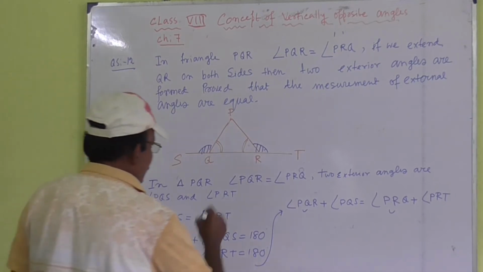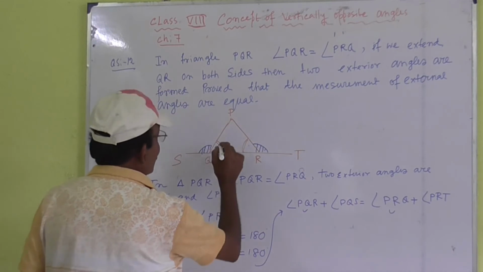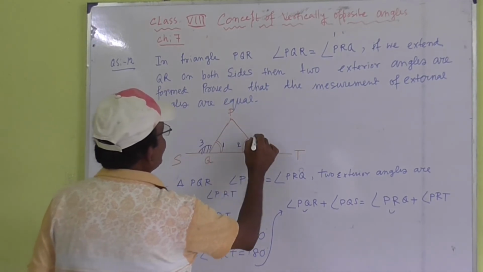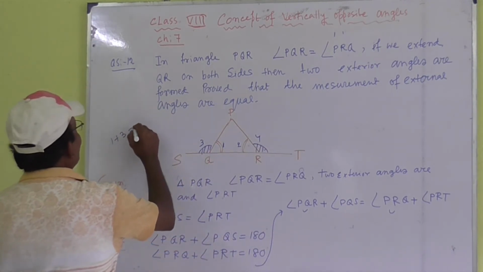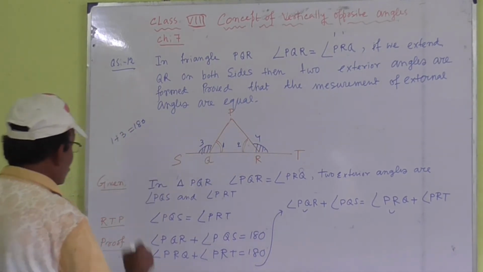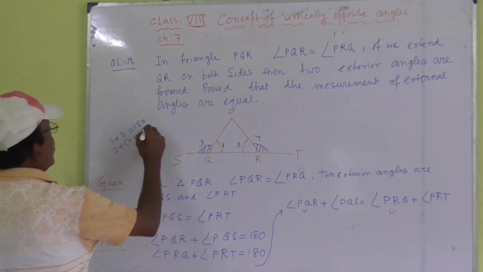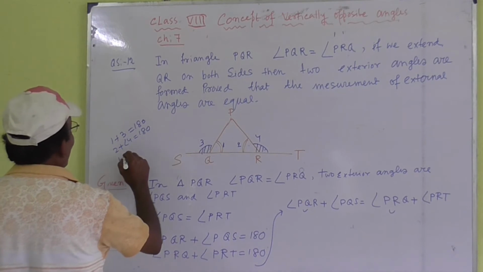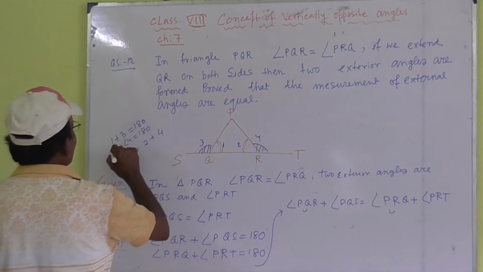That means if we write this angle 1, this angle 2, this angle 3, this angle 4, then 1 plus 3 equal to 180 and angle 2 plus angle 4 equal to 180. Clear? So 1 plus 3 equal to 2 plus 4.